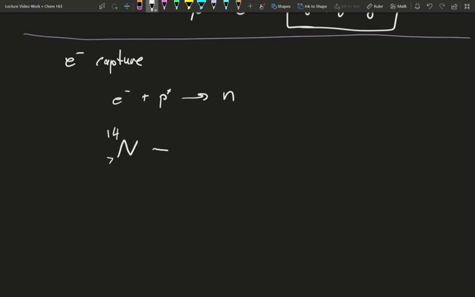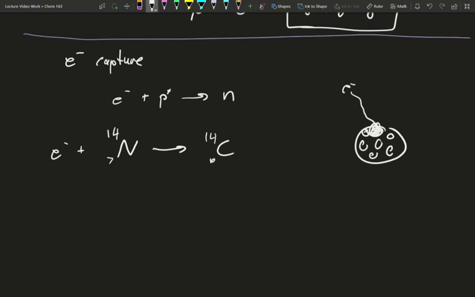Nitrogen-14 becomes carbon-14 in this process. High-energy beta particles from space bombard the Earth's atmosphere. We have a lot of nitrogen. Randomly, what will happen is some nucleus will have an electron that gets hit hard enough that they get captured.